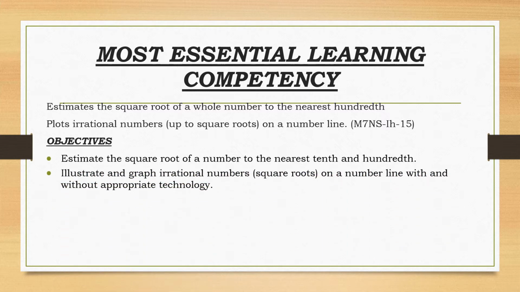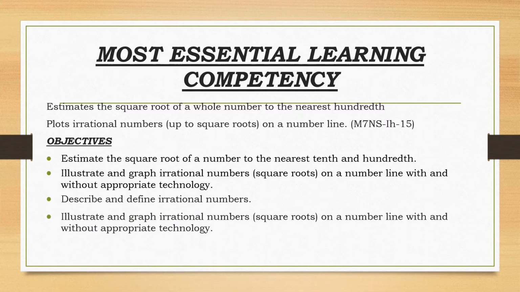Illustrate and graph irrational numbers on a number line with and without appropriate technology. Describe and define irrational numbers. And illustrate and graph irrational numbers on a number line with and without appropriate technology.